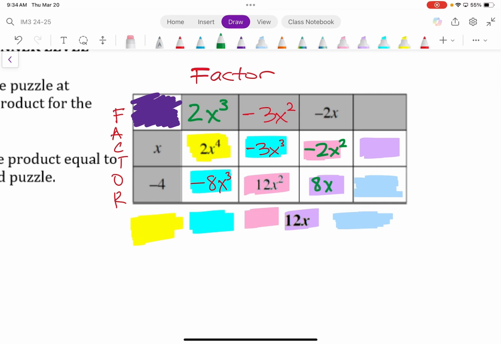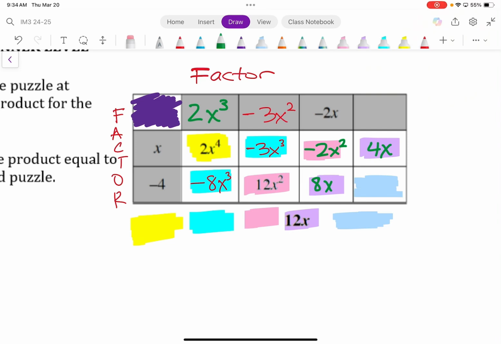You will notice that the next column we have nothing filled in, but we have a 12x. And notice how the purple boxes combine. They add to each other. So we're saying 8x plus another purple box will give you 12x. So what must the other purple box be? 4x. This must be 4x.